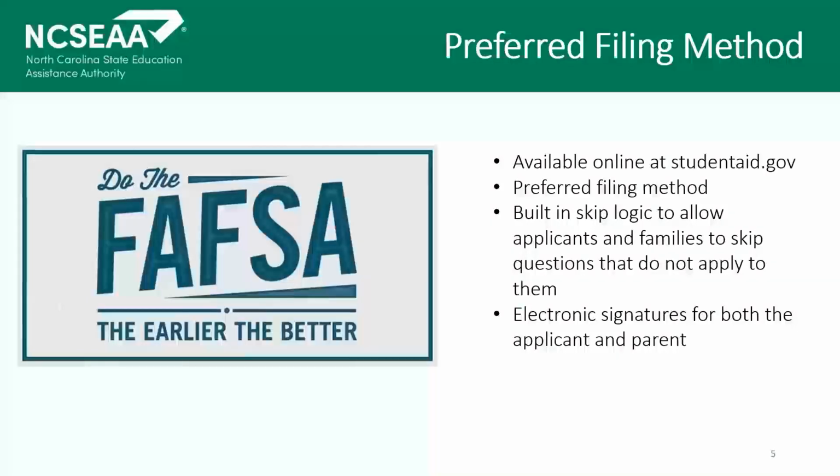I just want to add, in addition to completing the application online, there are easier steps with the tax information on the FAFSA form. Student and parent have the option to use what we call the IRS Data Retrieval Tool, or DRT.